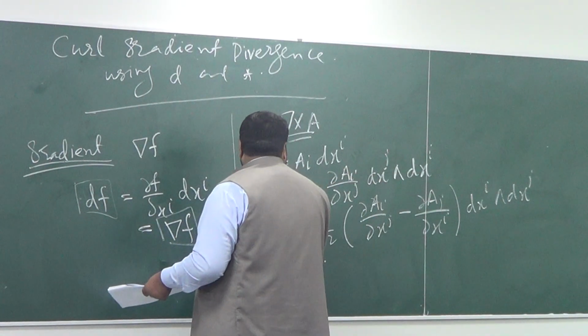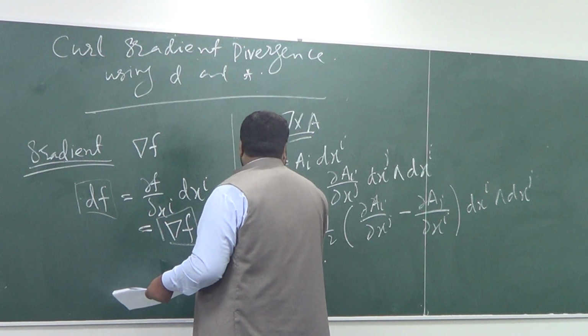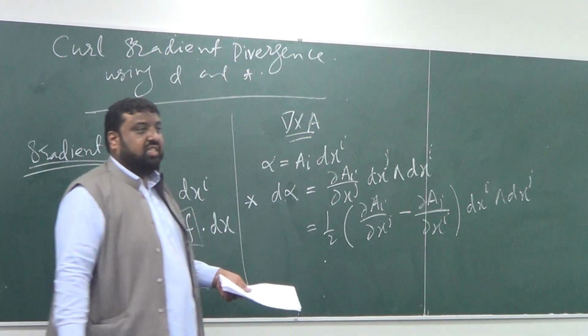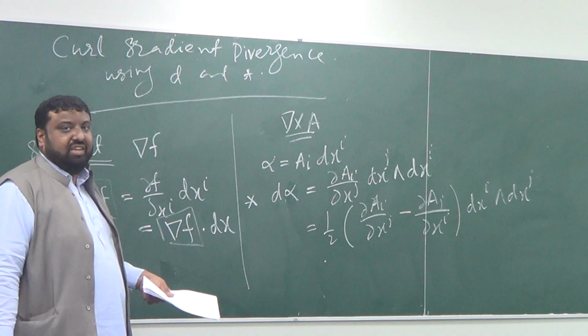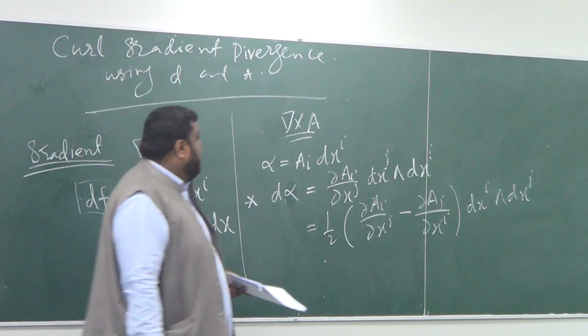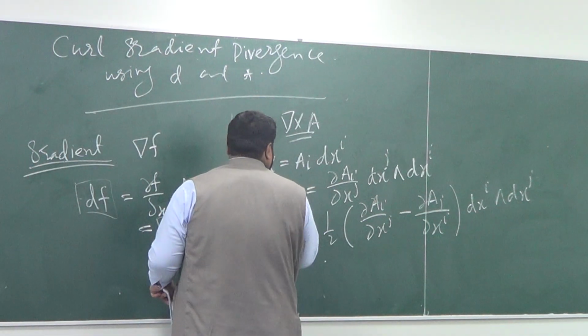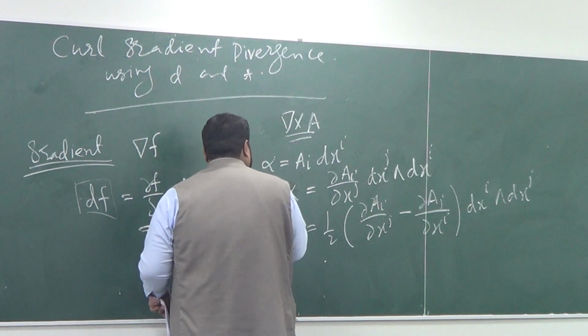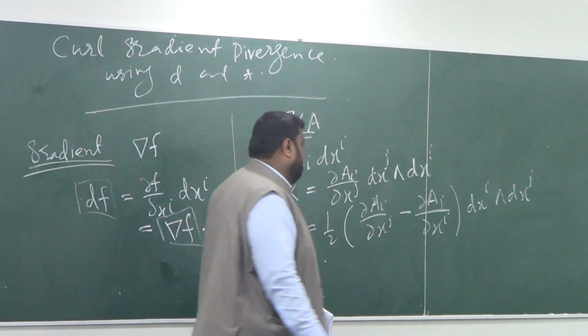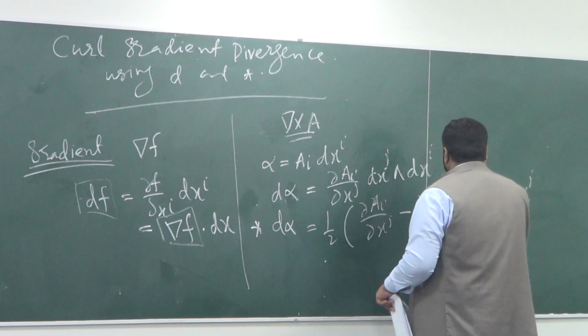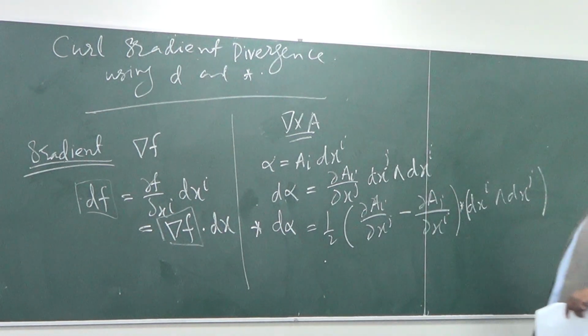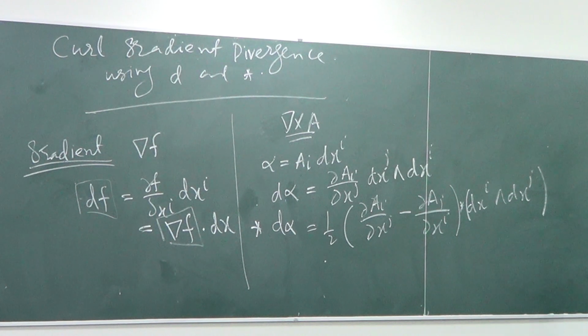Now let's apply star on this exterior derivative. You have this d alpha, so you have to apply star here. And then this would be what?